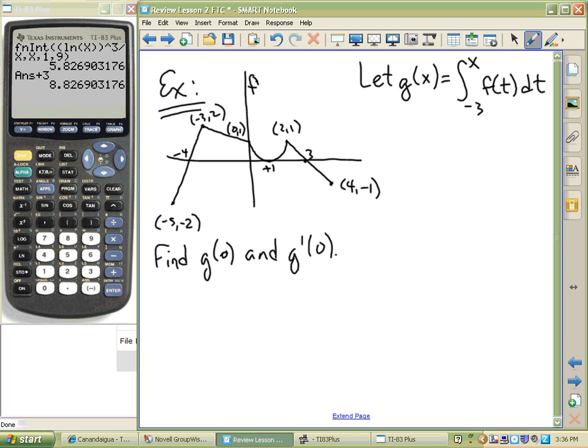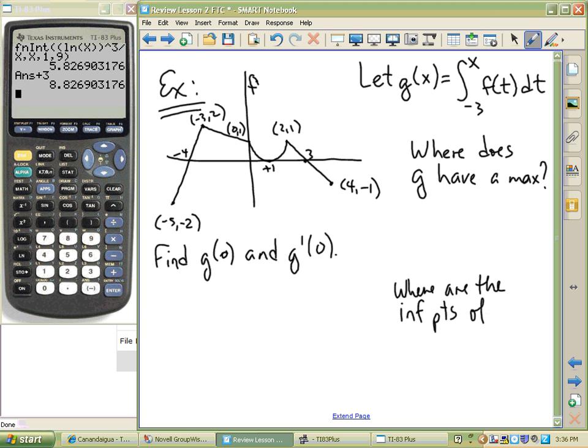We're going to say, where does g have a max? And we're going to say, where are the inflection points of G? Just a quick little teach piece here. This would be a nice, probably 7-point question. I'll probably have to throw in one more part to get a 9-pointer.